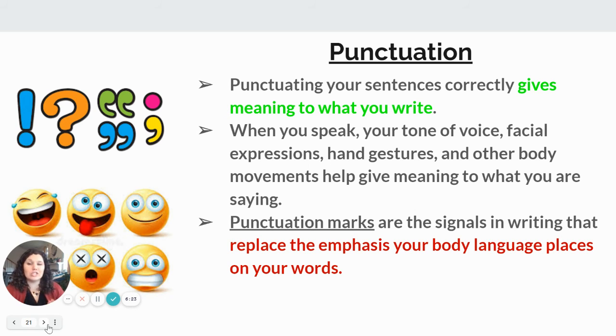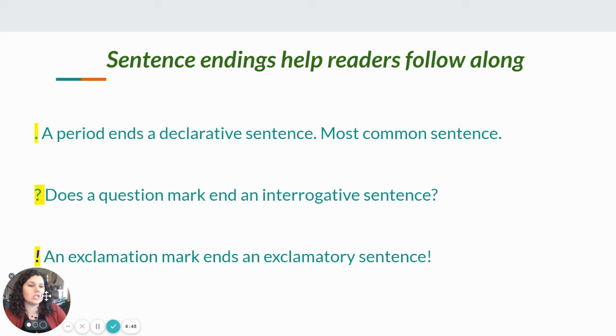Punctuation marks do that in writing because you cannot see the reader's face like when you're typing. I mean, maybe you could if it's like your best friend and you can imagine what they're saying. But punctuation marks are the clues that signal the emphasis that your body language would normally be giving off in writing. So let's look at punctuation in terms of the end of a sentence.